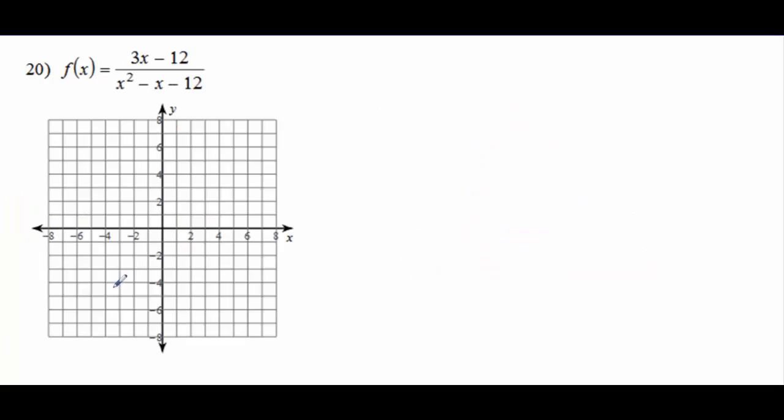20, 21, and 22 ask us to identify the holes, vertical asymptotes, zeros, and horizontal asymptotes. And if the graph has a slant asymptote, find it, and then we're going to sketch the graph. All those things it's asking us to find are things that we need to find to graph this anyway. So I'm just going to write my list of things that I'm finding over here: horizontal asymptote, holes, vertical asymptote, and zeros, which is the same as x-intercepts, and this is the order I find them in personally.